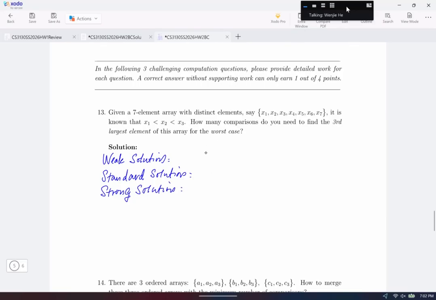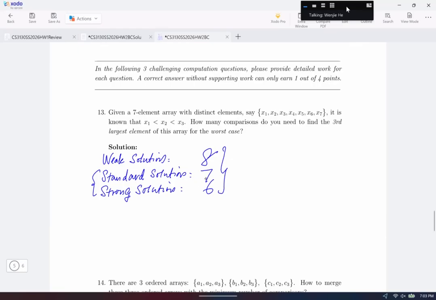For this question, if you can do it using 8 comparisons, that's the weak solution. If you can do it in 7 comparisons, you get a standard solution. If you can do it in 6 comparisons, that's the strong solution, and both should be correct. I saw all these 3 answers in your solutions, and probably other numbers.